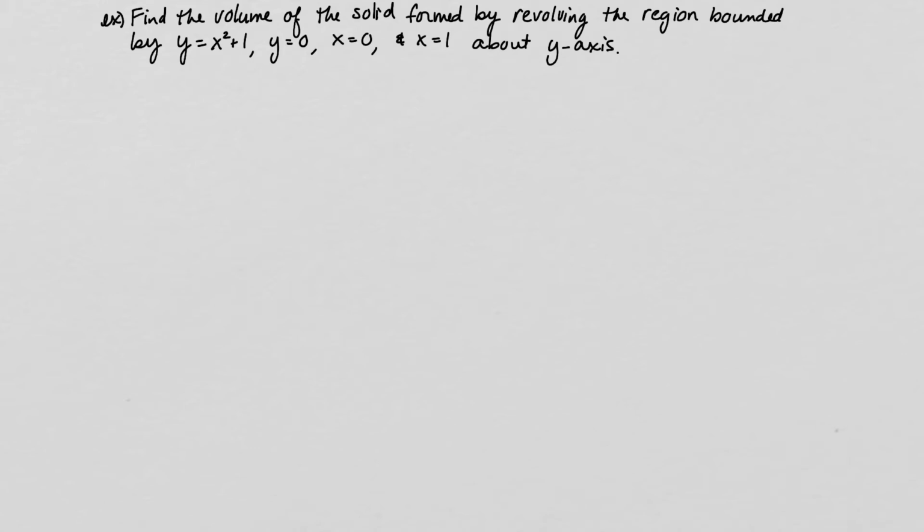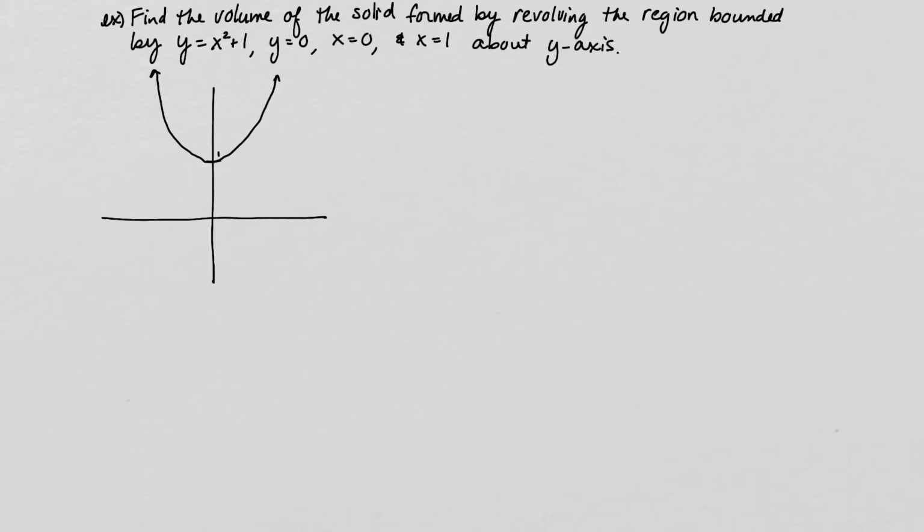Okay, so the first thing I need to do is draw what we're dealing with here. I'm going to make mine pretty big. So here's 1. If we're talking about y equals x squared plus 1, we've got a parabola, right? That's raised up 1.